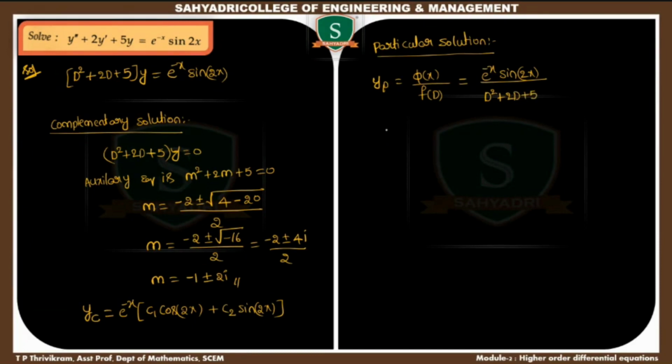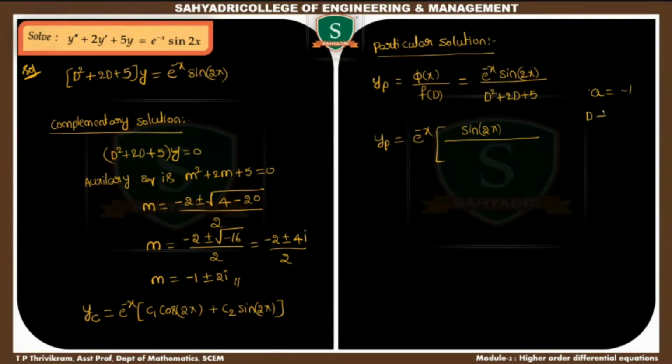So here e power minus x you keep aside, and sine 2x we have to write. What is the coefficient of x in the power of e? The value will be minus 1.